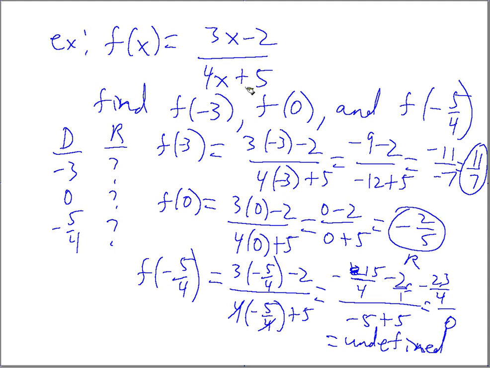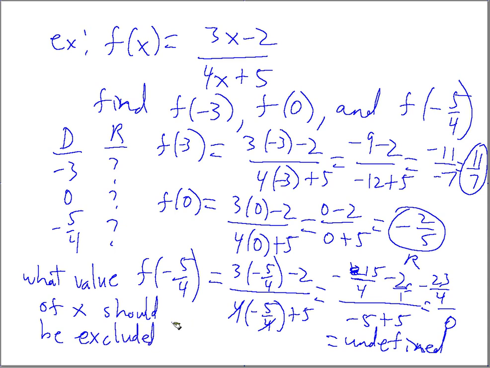But let me say that suppose I give you this question here and say, what value of x should be excluded from the domain? Okay, running out of space here.